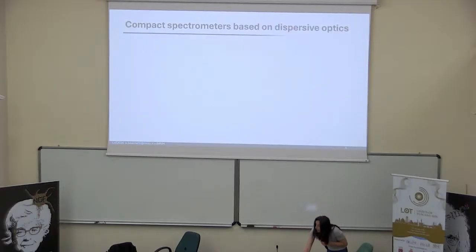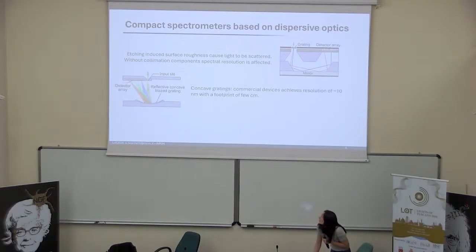there are beautiful examples also of miniaturized devices based on diffractive optics. For example, here we have a concave grating that does two things at the same time: one is to separate the spectral components, and the other is to focus them in different positions.